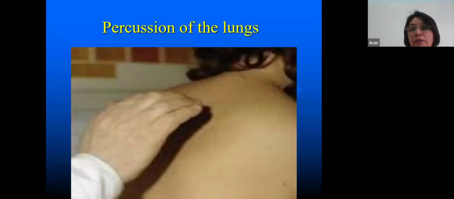Percussion of the lungs. Comparative and topographic. Topographically, we can check borders of the lungs. Upper borders of the lungs we can check only after 10 years old. Lower borders of the lungs we check by only three lines: mid-clavicular line, axillary media, and scapular on the right side.